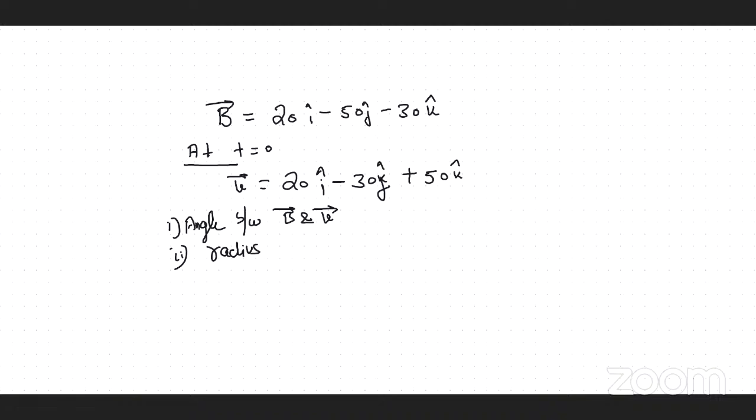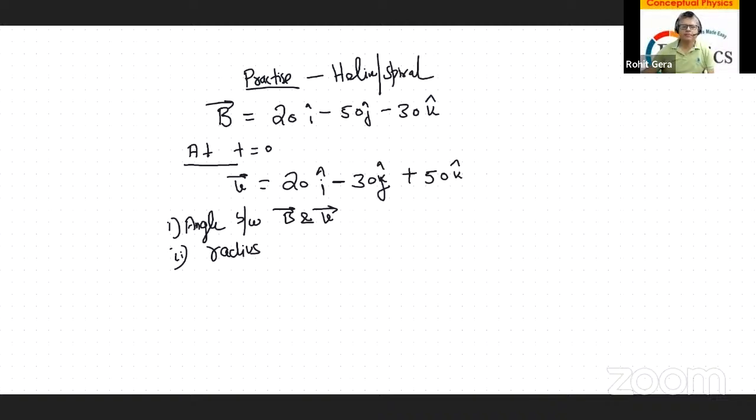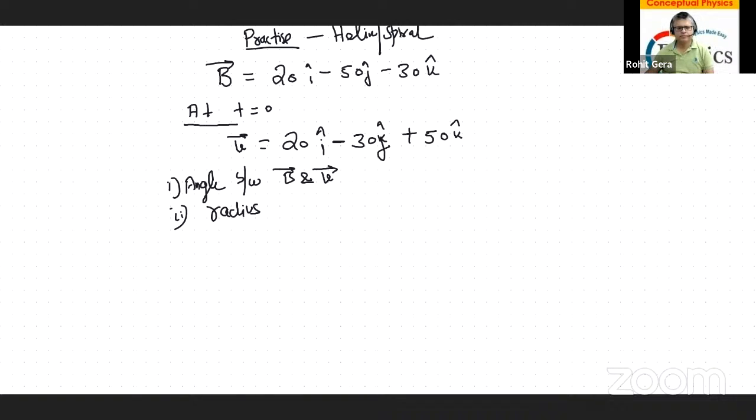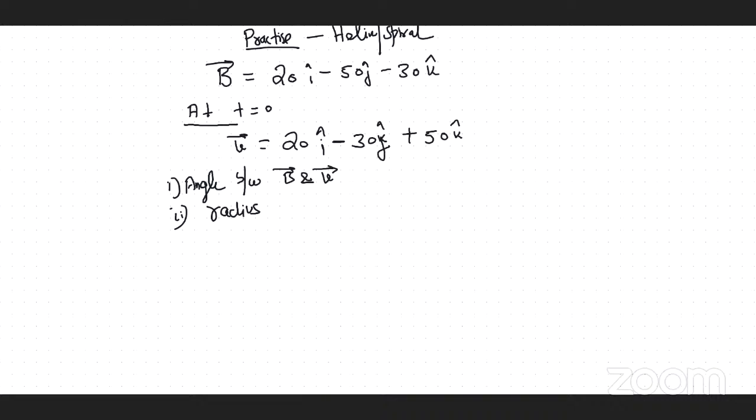Okay. Tell me. I think that is not a problem if you know B and V. But for finding the radius of the helix, in the previous question you were given the angle, so you could straight away put the value.